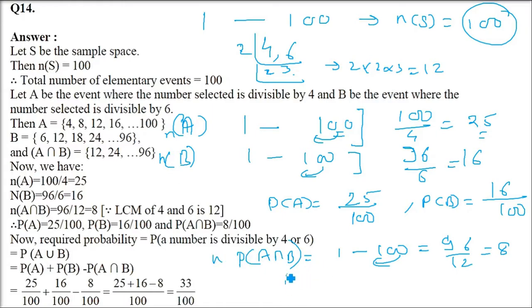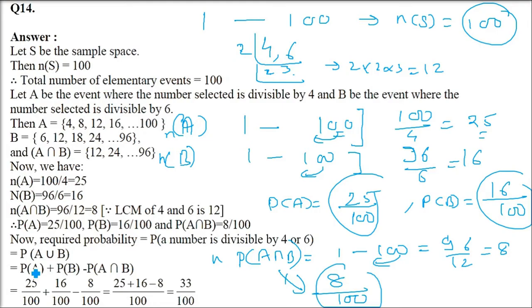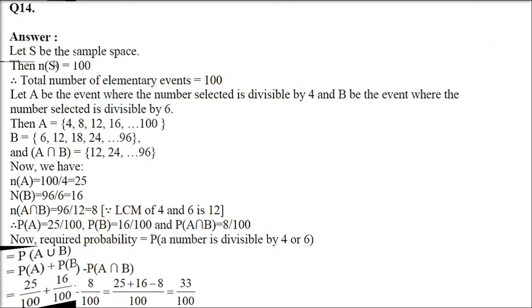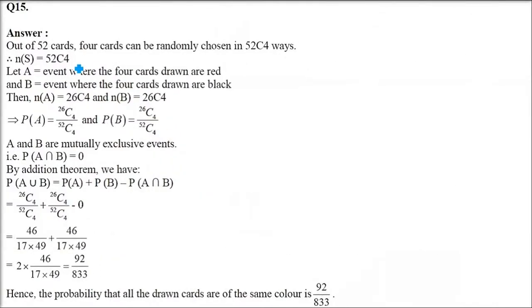This is the n of A intersection B. It is 8 favorable cases and the total number of cases is 100. So now we have got probability of A, probability of B, probability of A intersection B. Now put it in the addition theorem and P of A union B can be found out, and this is going to be 33 by 100. Just put the values. I hope you'll be able to do the calculation by yourself.